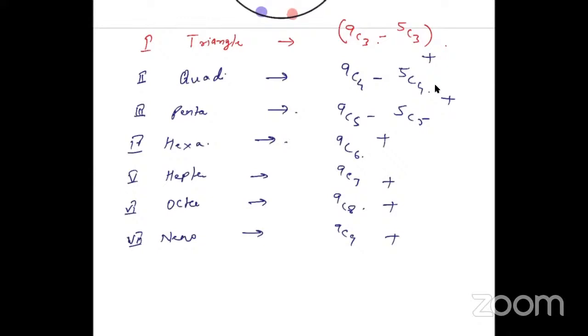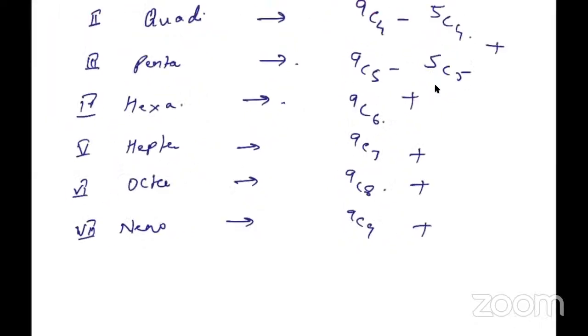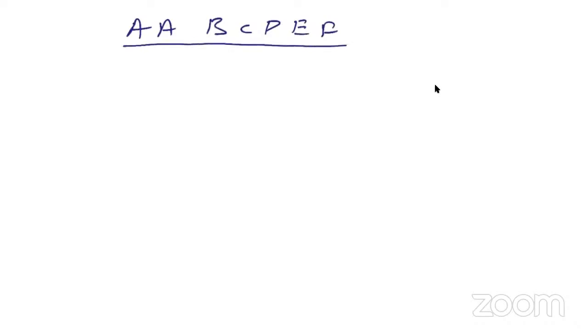Okay, so this is about circular arrangement. One question we are doing for circular arrangements: how can we arrange all these? If I'm saying A, B, C, D, E, F, these 7 letters we have to arrange in a circle, and 2 A's are there.